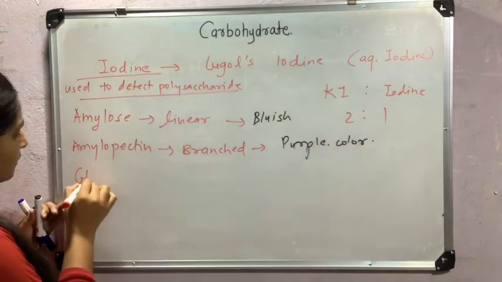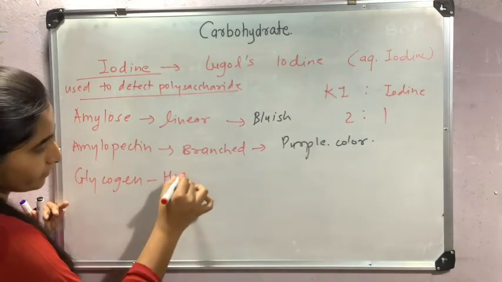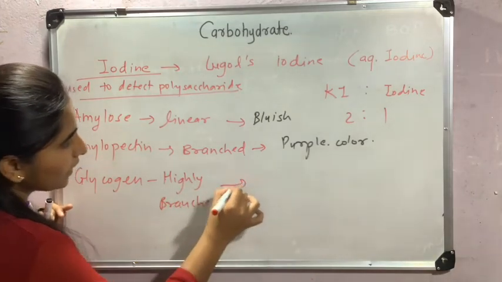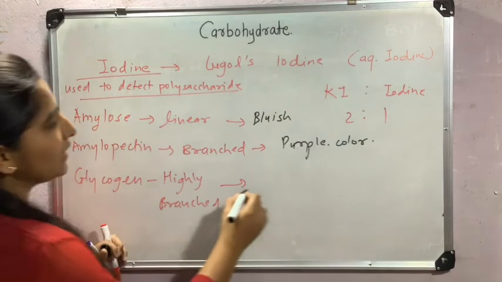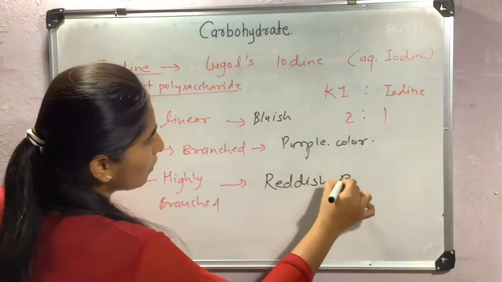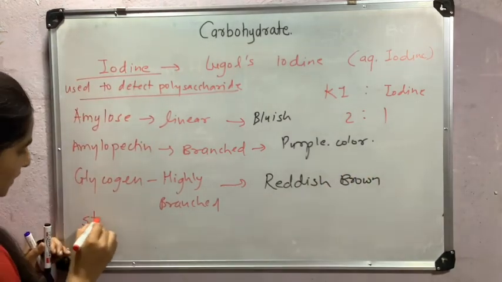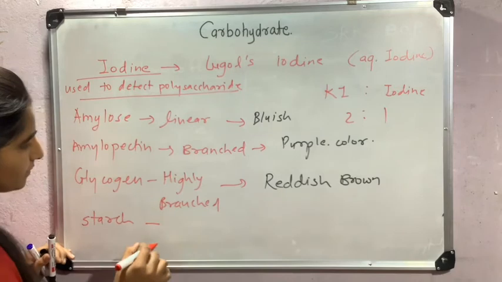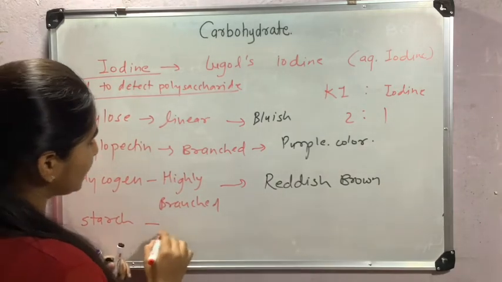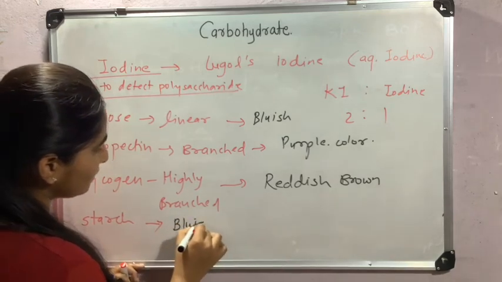Glycogen is also a polysaccharide, highly branched, and it will give a reddish brown color. And if starch reacts with iodine, which is a complex polysaccharide, it will give a bluish black color.